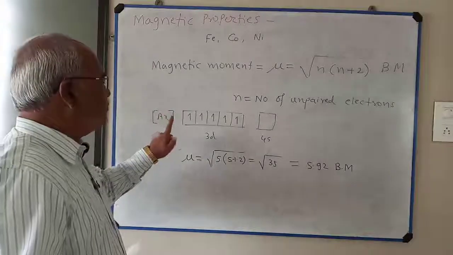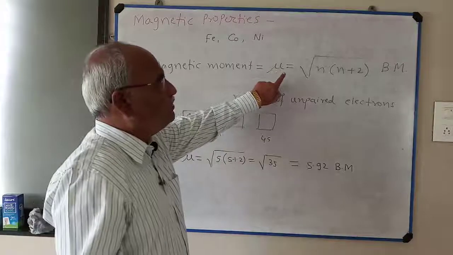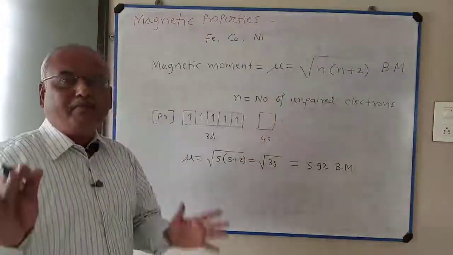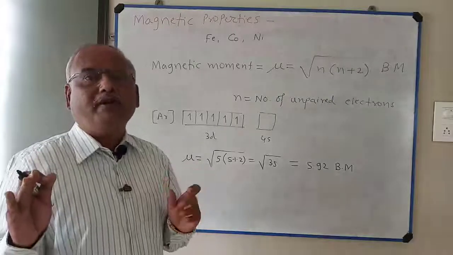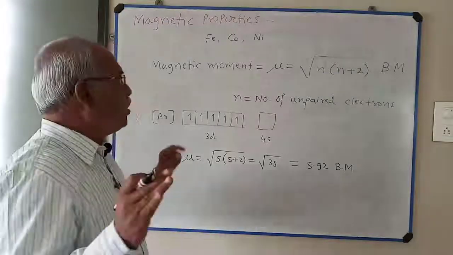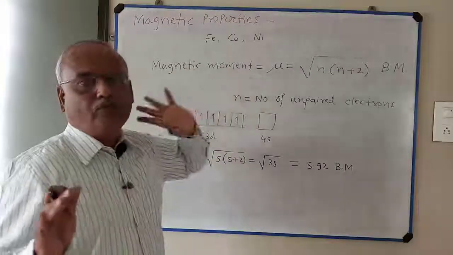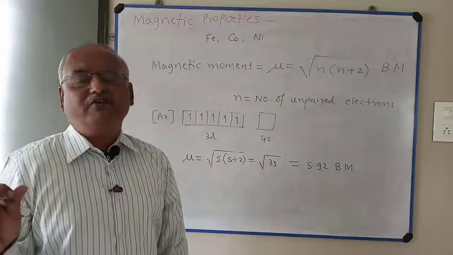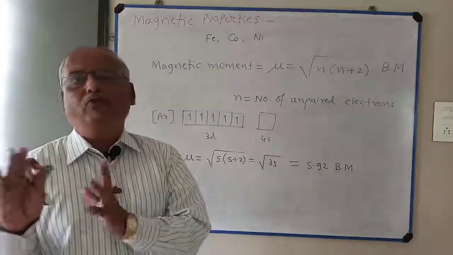You can calculate magnetic moment by using this formula, and remember, this formula is used for only first transition series, for spin angular momentum only.